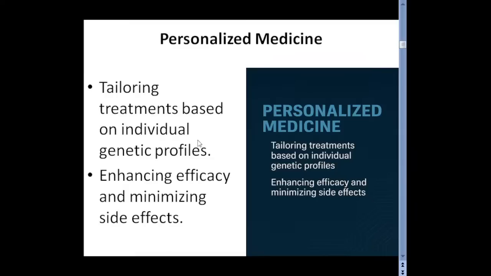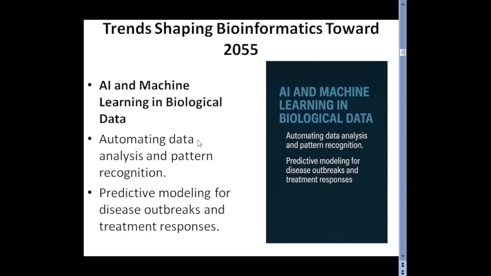So by collecting the genetic profile of an individual, we are able to personalize treatment as well as other things. Then apart from that, personalized medicine has enabled us through bioinformatics to enhance efficacy and minimize side effects for some organisms.